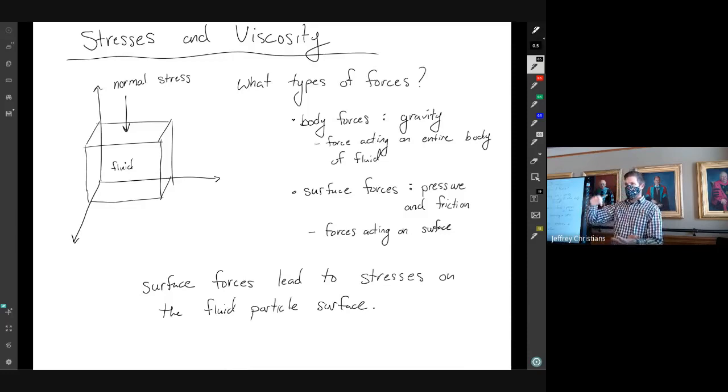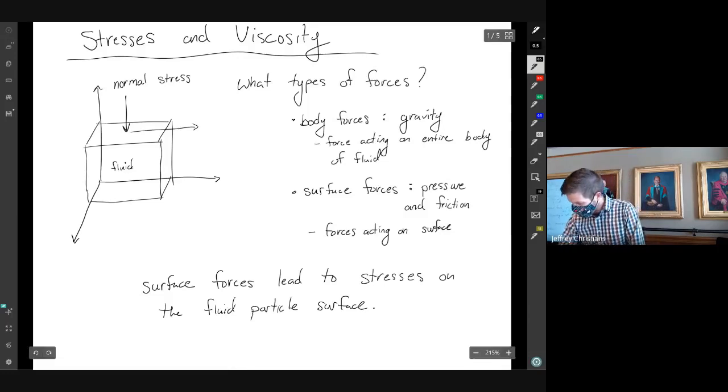If we're acting perpendicular to the surface, that's going to compress it. That's going to be a normal stress. The other one would be if we're acting parallel to the surface, something like this, that would be creating a shear stress.